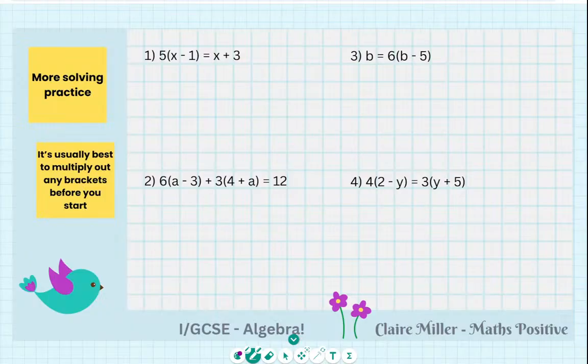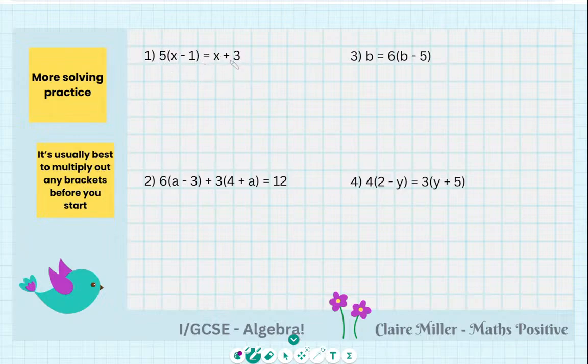Fantastic. Right. If you end up with brackets in your equations, normally it's a good idea to multiply out any brackets before you start. The exceptions would really be if you're using a bracket as some kind of more advanced technique to help you solve. And we might talk about that later or next time. So for these questions, I'm seeing, oh, okay, there's a bracket there, and I need to solve.